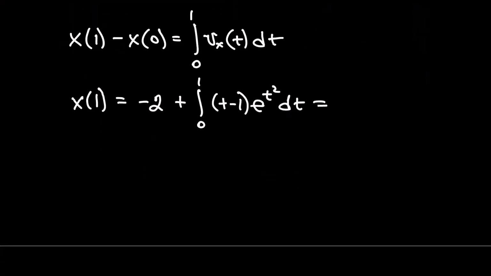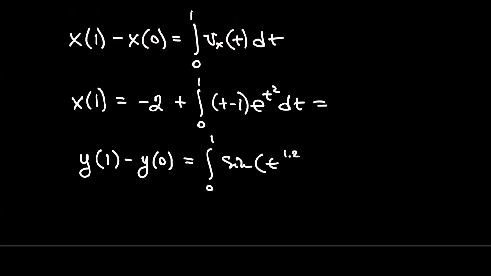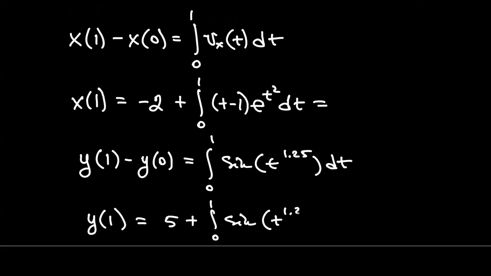And similarly, y at time 1 minus y at time 0 equals the integral from 0 to 1 of sine t to the power 1.25 dt, which is: y at time 1 is equal to 5 plus that integral from 0 to 1 of sine t to the power 1.25 dt.